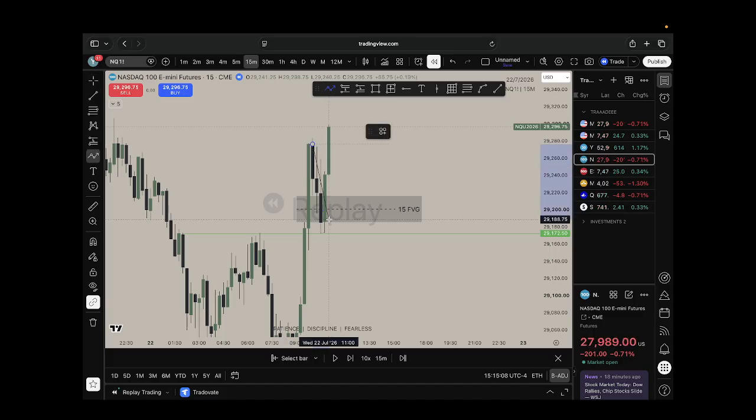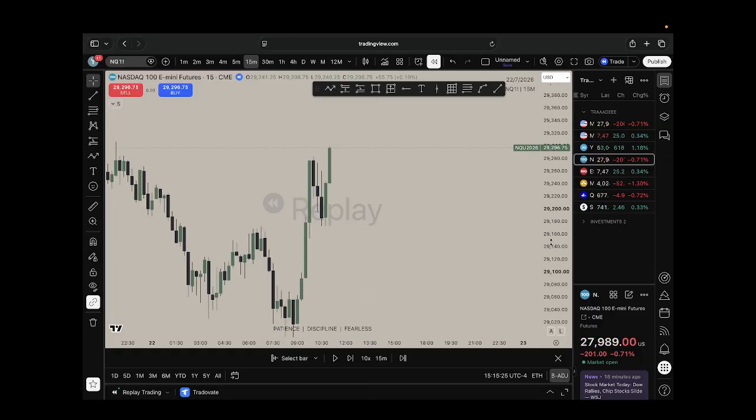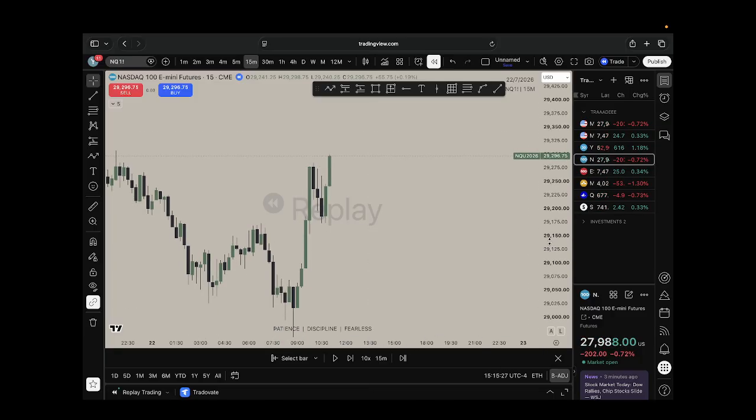So this would be considered open low, high close. And then for your external draw on liquidity would be right here. That's your external high. All right. So that's the third concept that I used for the points of interest.